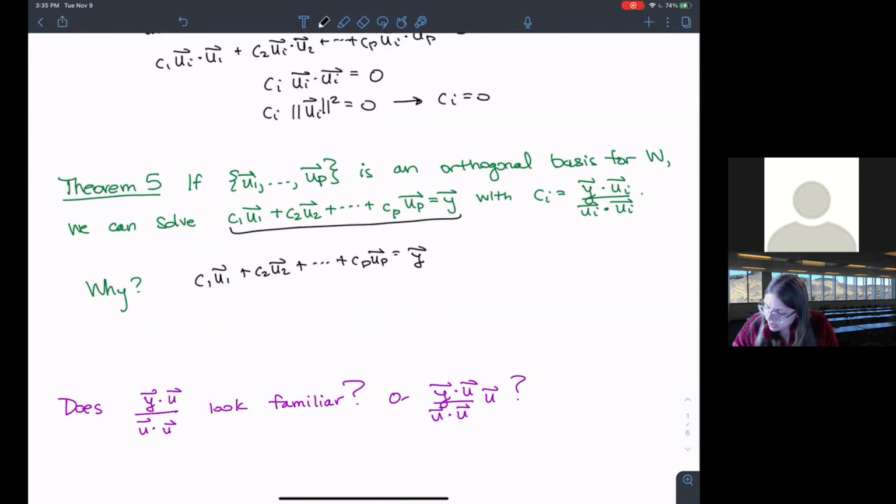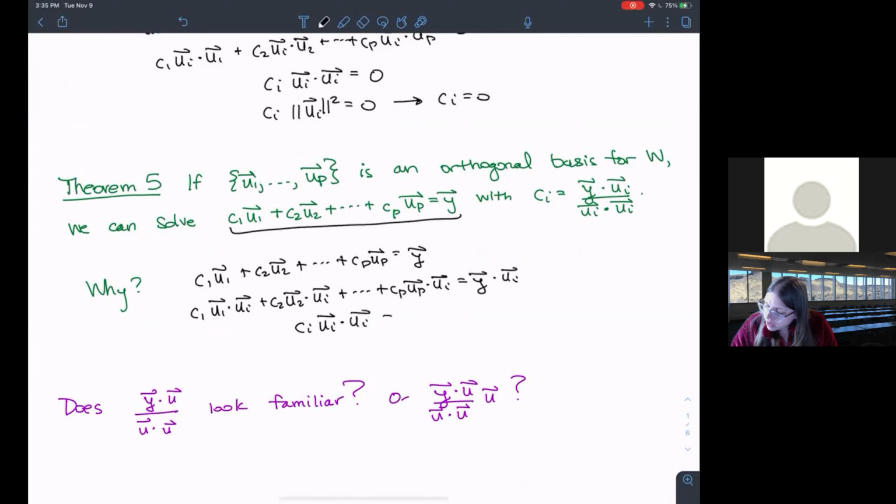So we're going to get c1 u1 dot ui plus c2 u2 dot ui up to cp up dot ui equals y dot ui. Again, ui dotted with anything other than ui is 0 because it's an orthogonal set. So on the left-hand side, we get ci ui dot ui equals y dot ui.